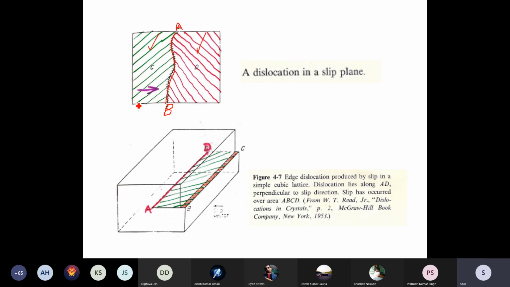In the bottom figure, assume a block of butter. You take an Amul butter, 500 grams slab, take a hot knife, pass the knife through this piece of butter along the plane A, B, C, D. Make a thin cut.